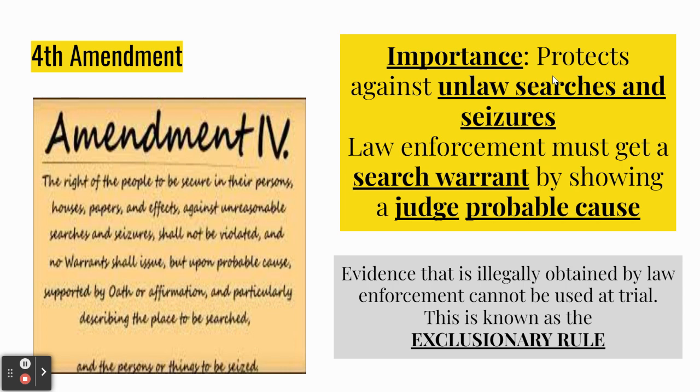Take the most extreme example: law enforcement illegally obtains a murder weapon with fingerprints on it, and they're not allowed to use it at trial because the defense attorney asks the judge to apply the exclusionary rule. Like, hey, judge, this evidence was obtained illegally. It wasn't obtained properly. It shouldn't be used at trial. And if the judge agrees, the jury will never know that that evidence exists, right? So the Fourth Amendment deals with unlawful searches and seizures.